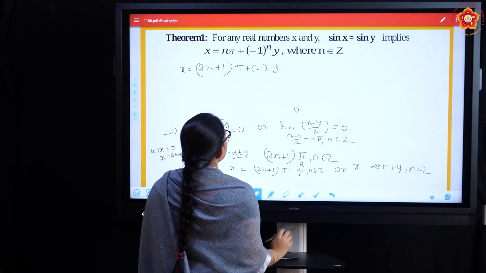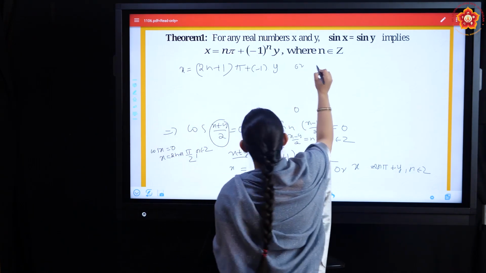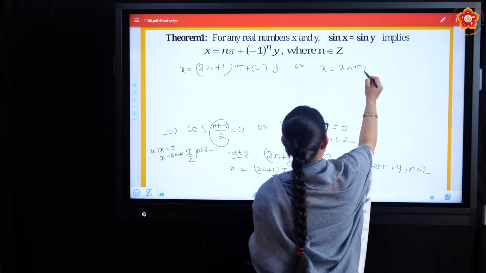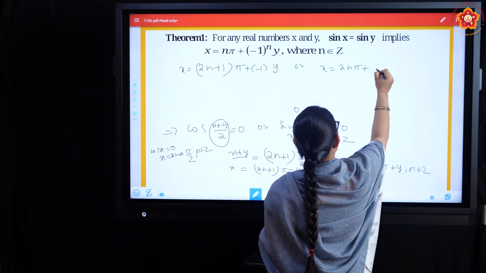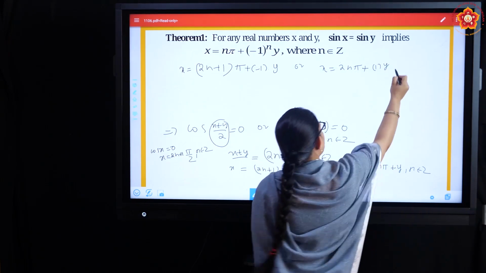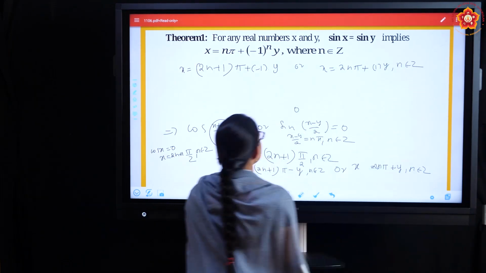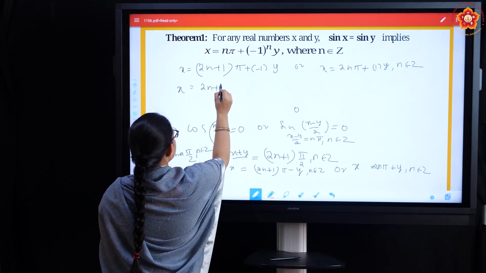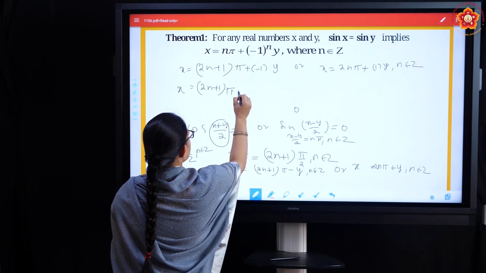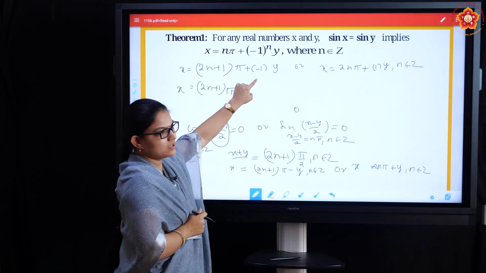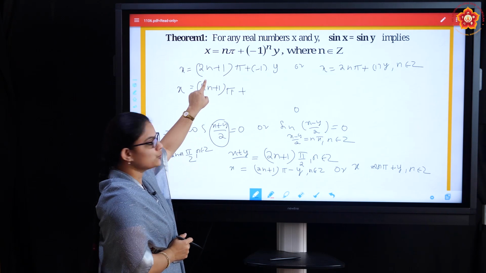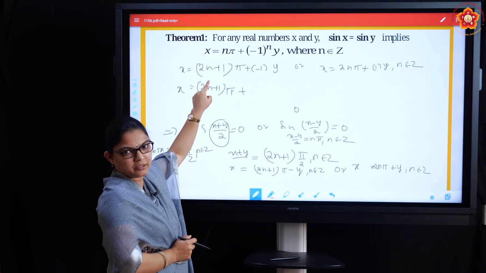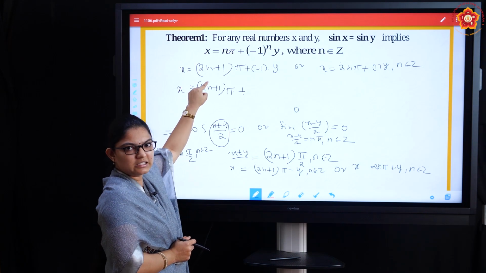And one more thing I have is x is equal to 2n pi plus 1 into y for any n belongs to Z. Now (2n plus 1) pi plus minus 1, I have to express in terms of n. 2n plus 1 is nothing but any odd number, right? It's an odd number representation.